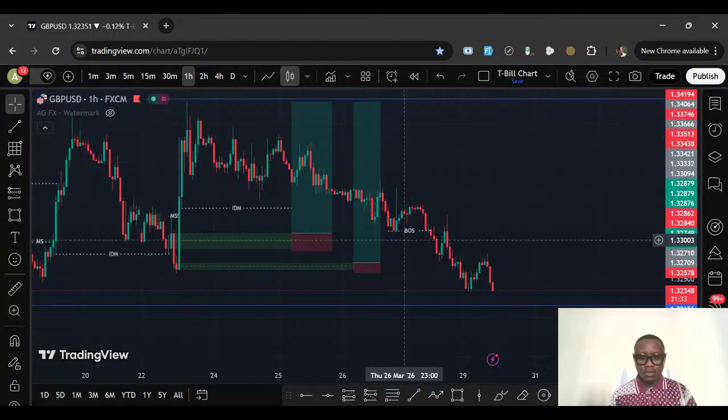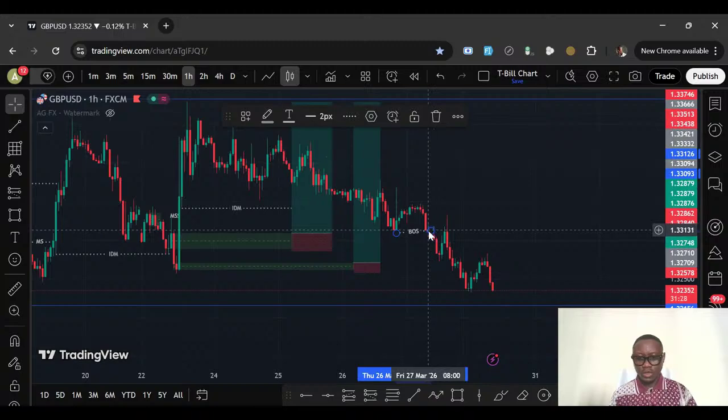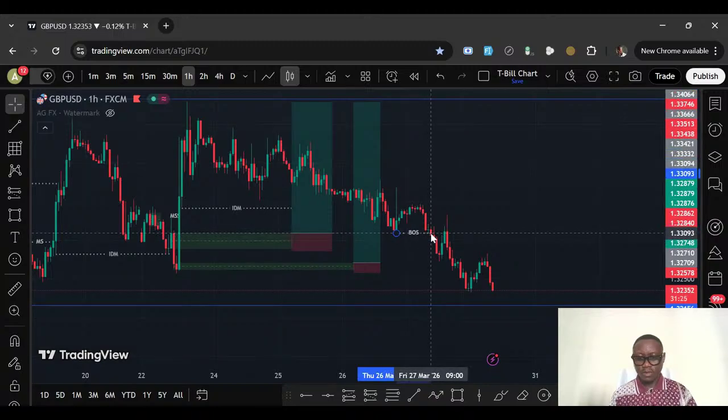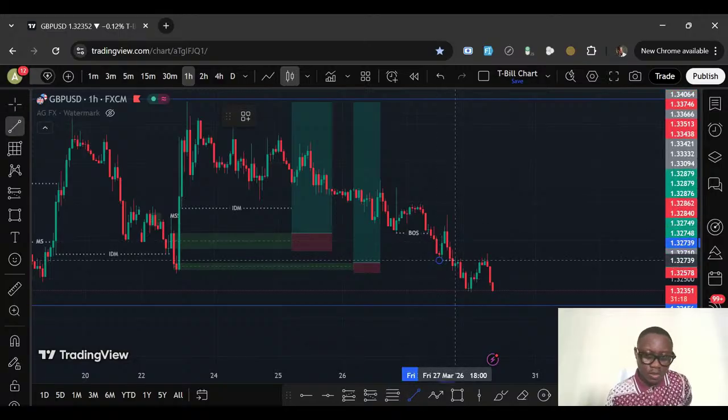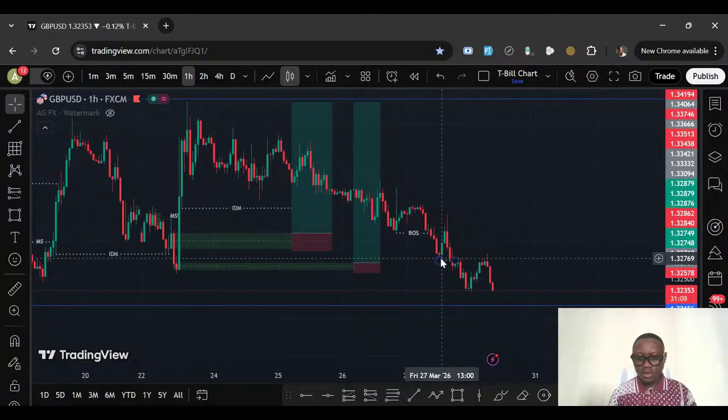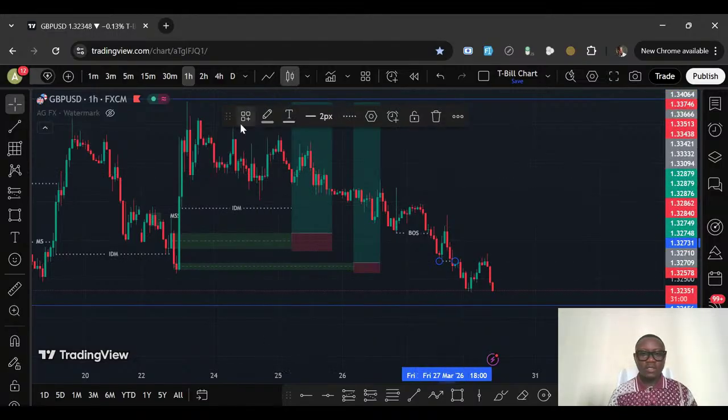Okay, so on the 1H time frame, the break of structure which we drew from the 4H time frame is still very much valid here. We also have this break of structure right here, and this other break of structure.